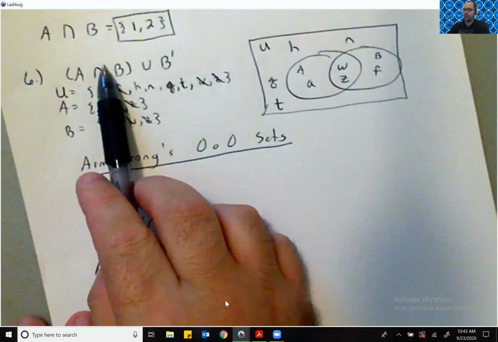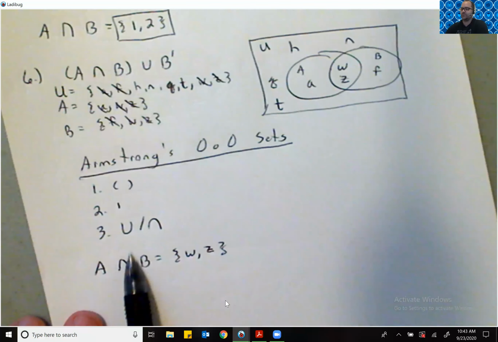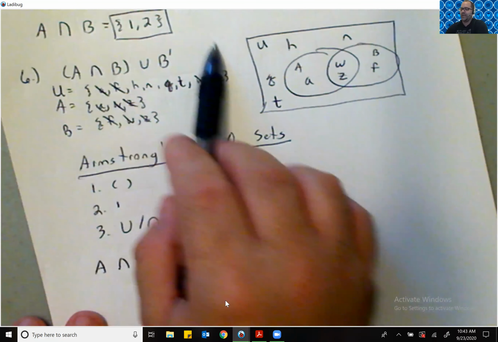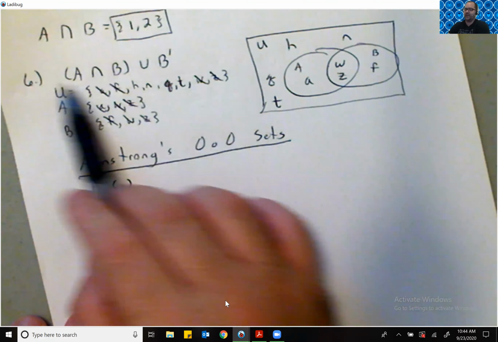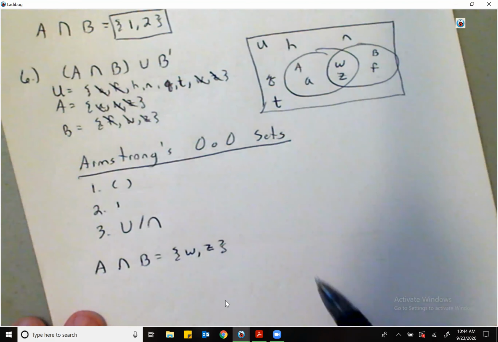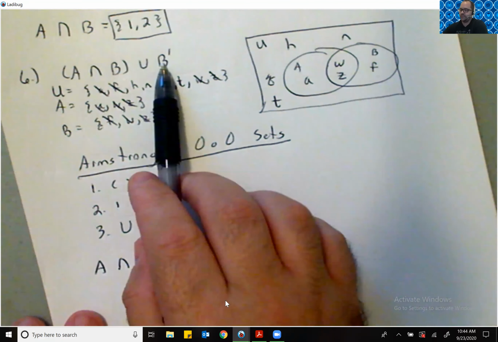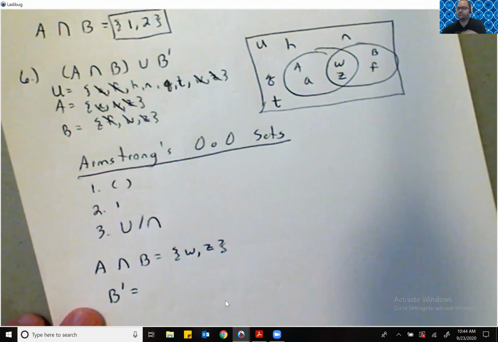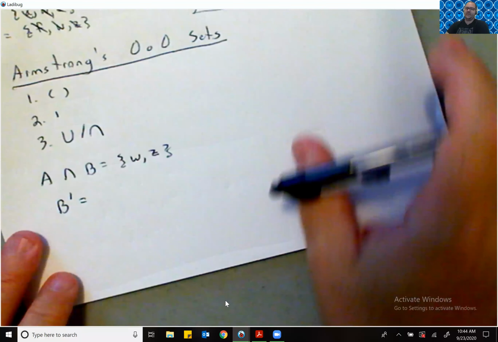And now we start over, but now we're on the outside. We're going to look at the whole thing. On the outside here, do I have any complements? Yeah, you have the B complement. What does complement mean for us?